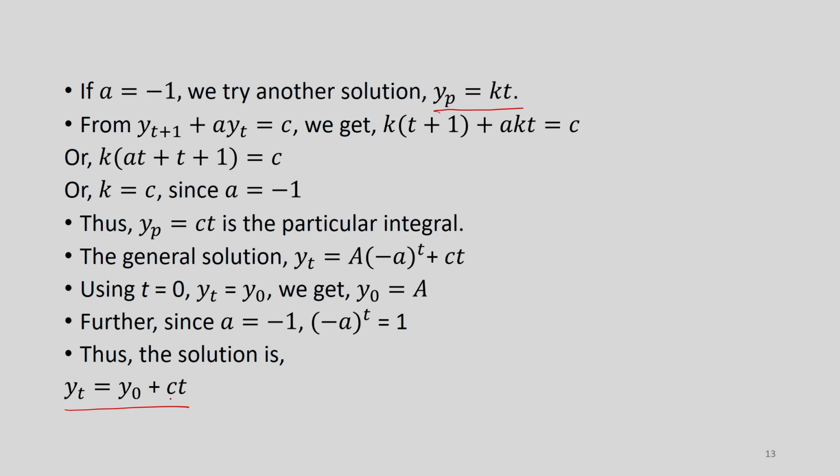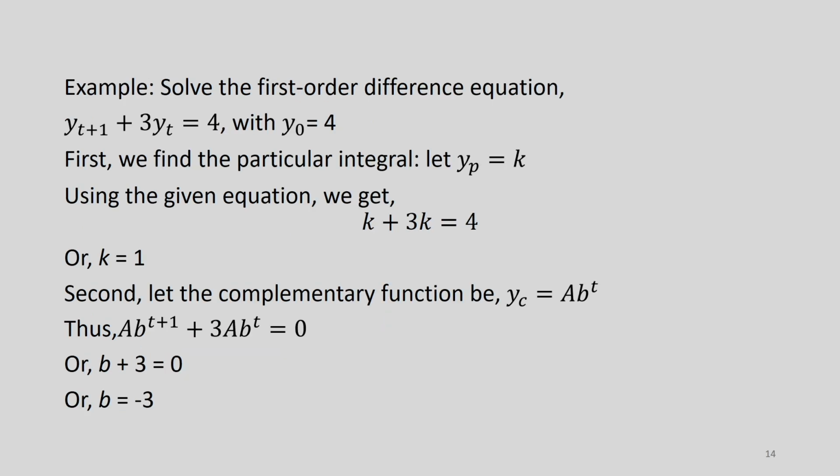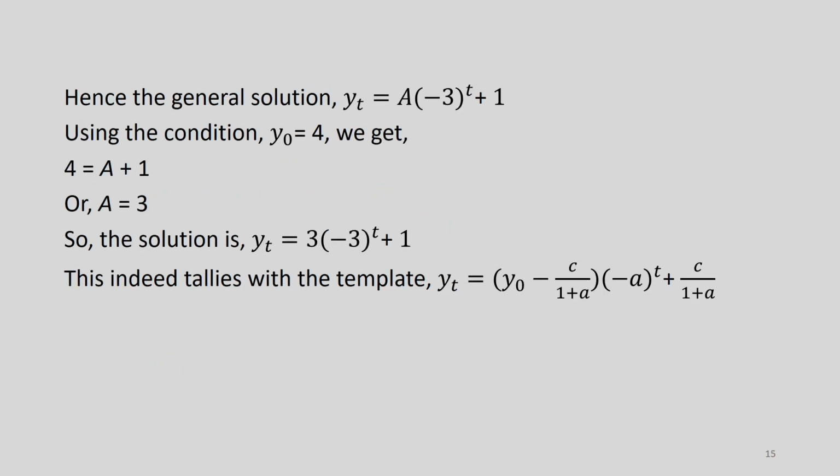Here c t is the particular integral and y 0 is the initial condition, that is the value of y at the initial period. Okay. So, this is how we solve difference equations of first order, and we have talked about one example.